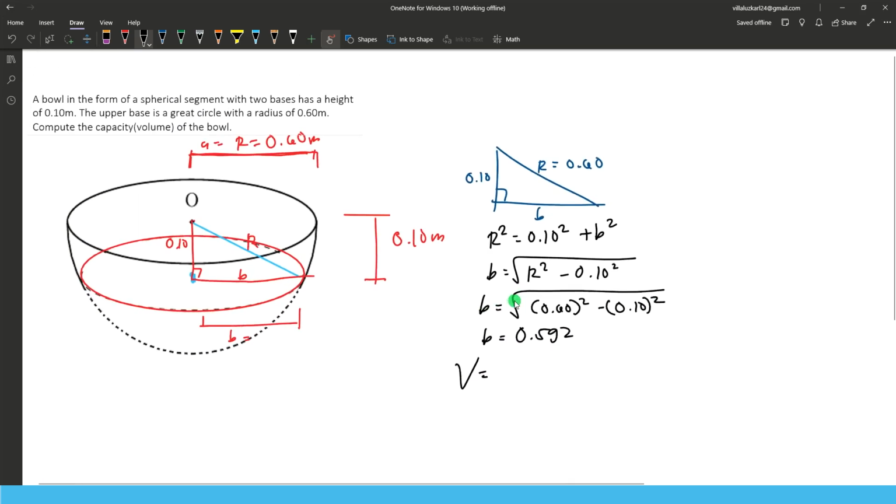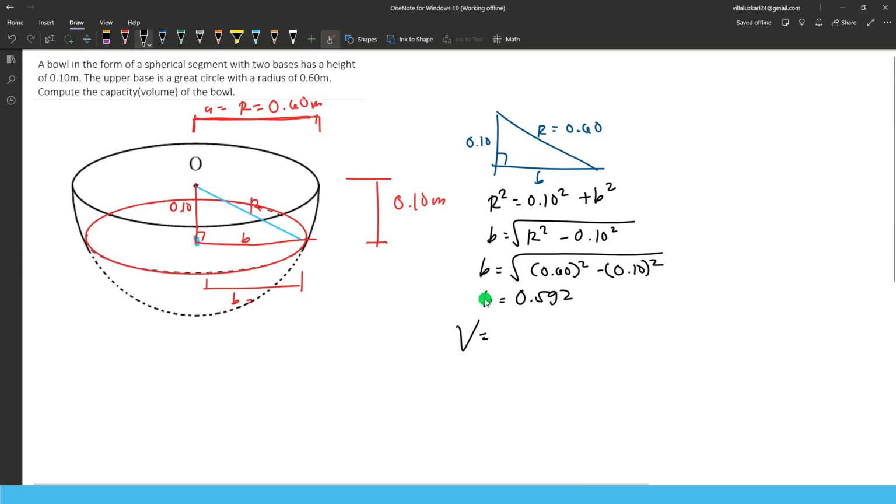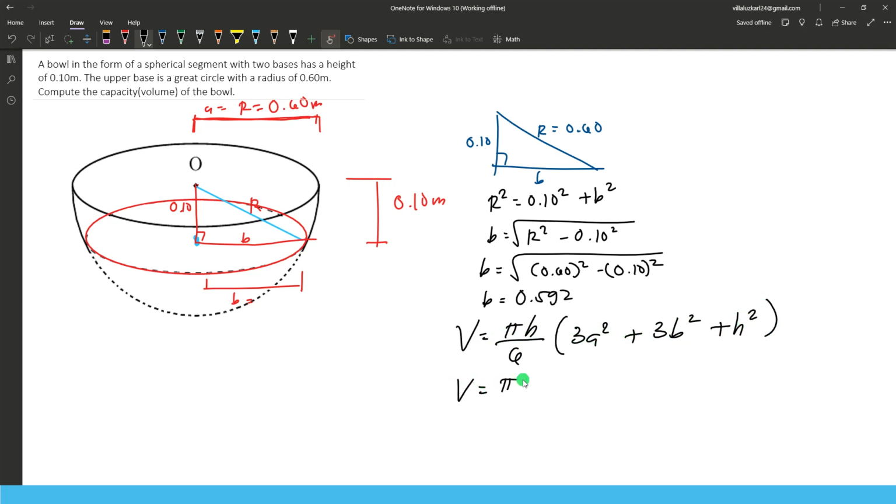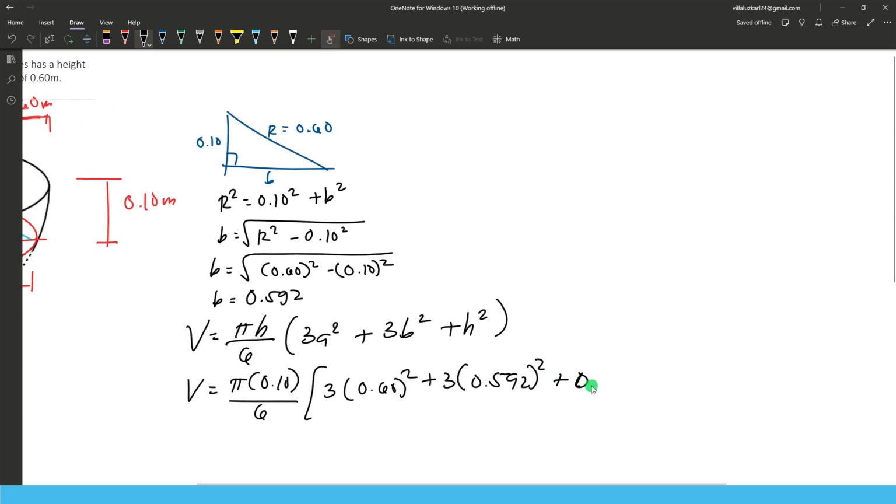Since we already have the radius of the upper base, the lower base, and the altitude, we can now apply the formula pi h over 6 times 3a squared plus 3b squared plus h squared. So the volume is pi times 0.1 over 6 times 3 times 0.6 squared plus 3 times 0.592 squared plus 0.1 squared.